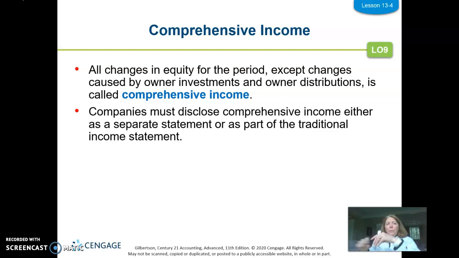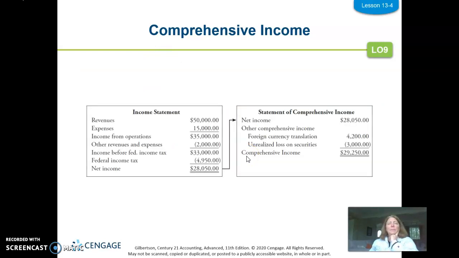we have to, for GAAP financial statement purposes, either disclose the comprehensive income in a separate statement of comprehensive income or part of the traditional income statement, meaning we put the traditional one and then just add a little bit more disclosing information about what these items are of comprehensive income that impacted it.